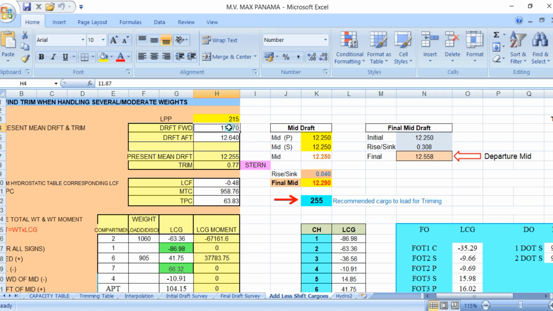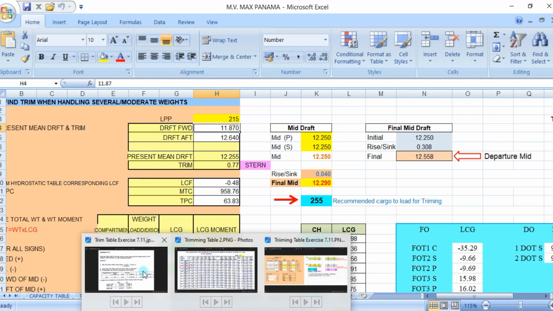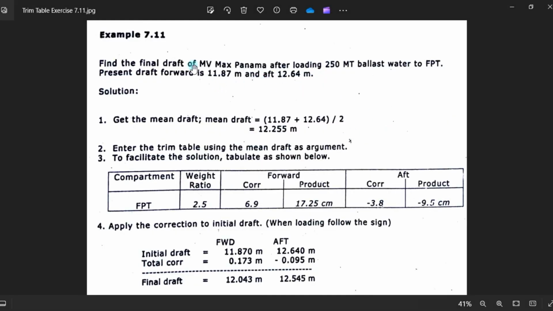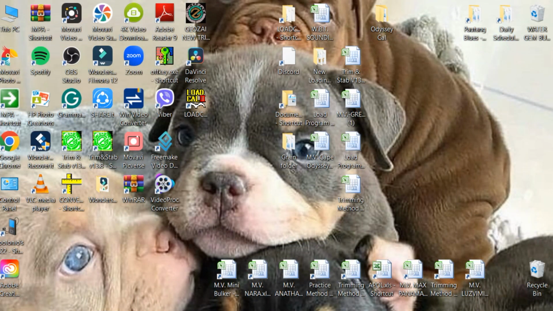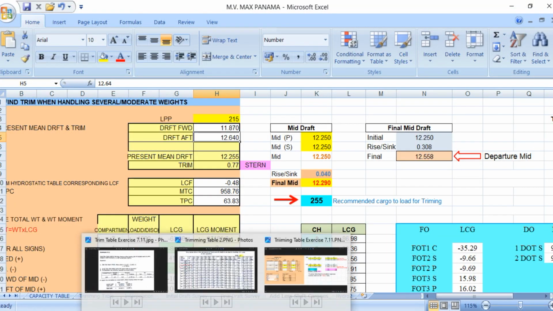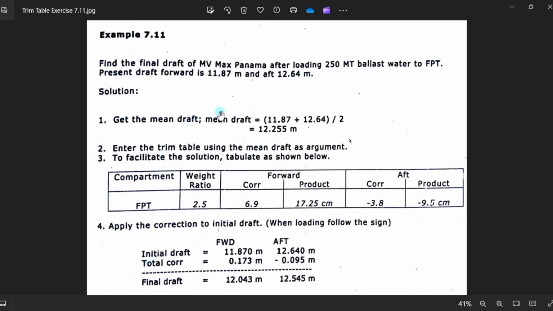So the forward draft is 11.87. So we put here 11.87 forward draft. And the aft draft is 12.64.